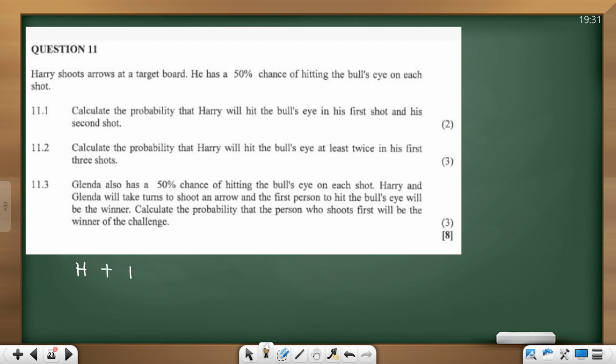Harry may not hit it. Glenda may hit it. H stands for hit, right? Okay. Plus Harry hits. Not hit it. That gives Glenda a chance to hit, right? Glenda does not hit it as well. Harry then hits it. So Harry wins.